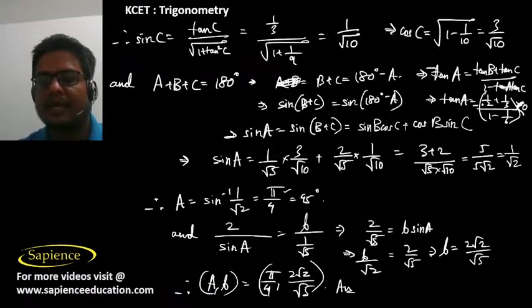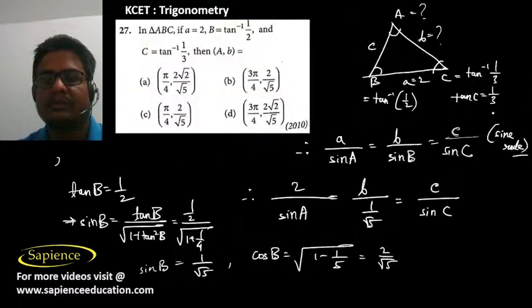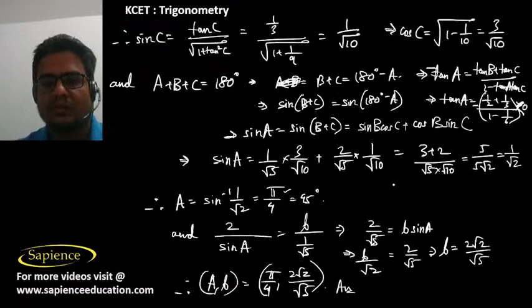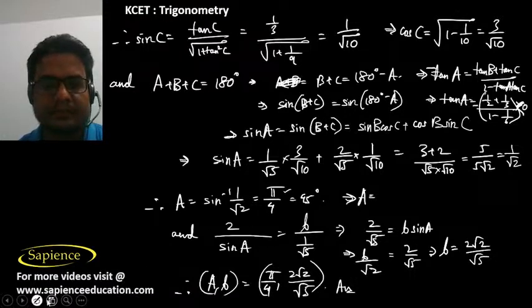So tan A is coming negative. It means that A should be an obtuse angle. A should be obtuse. So therefore, sine A is 1 by root 2, so A should actually be pi minus pi by 4.